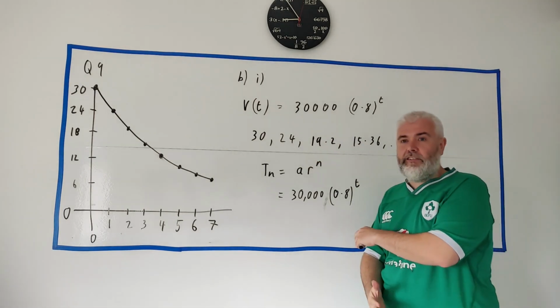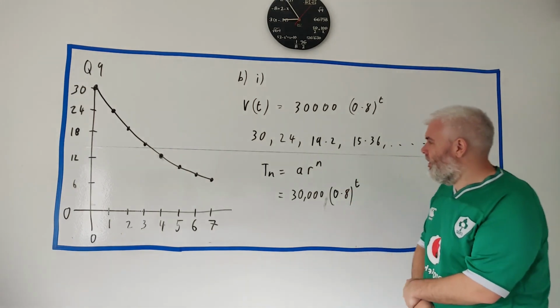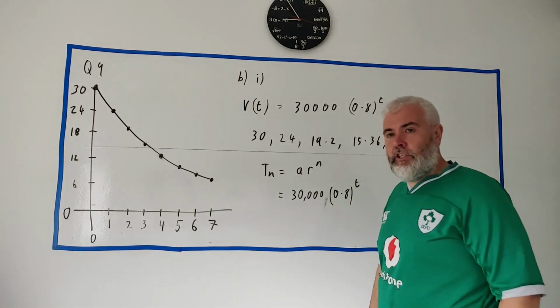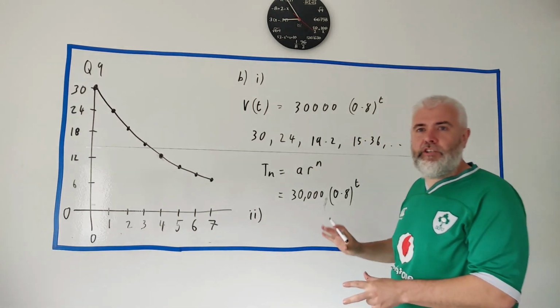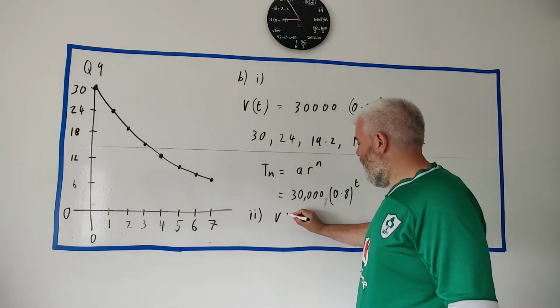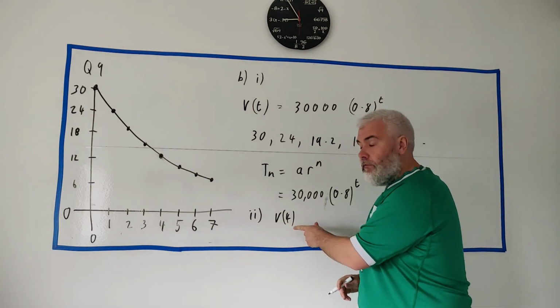But this is one of the questions, and there's a few in this question, that's just really difficult that I don't expect every student to get. So for part 2 of B, they say use this information or otherwise, and I'll explain what the otherwise could have been, to find the car's value after 4 years, so V4.